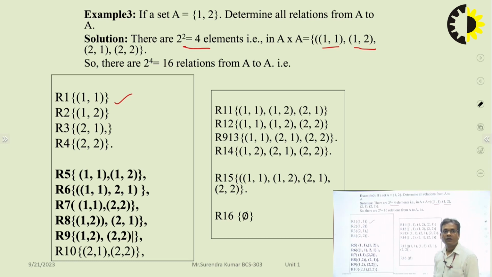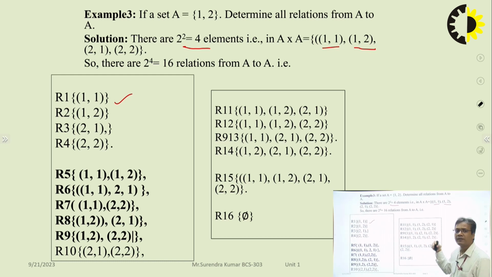Now, we come to a relation having 3 elements. R11 will contain 3 elements: the first 3 elements, (1, 1), (1, 2) and (2, 1). Then we can have the first 2 and the fourth element, that is (1, 1), (1, 2) and (2, 2).